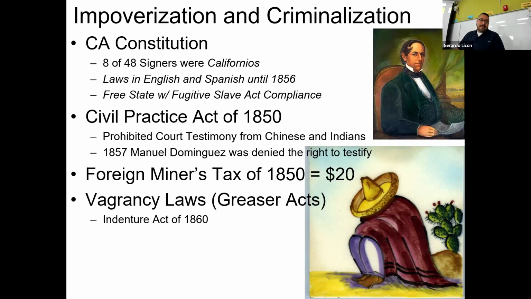And so, yeah, even one of the original signers was denied the right to testify. The very first year that California became a state, in 1850, part of the reason California was the first state out of the Southwest after Texas to become a US state is because of how many people moved there.